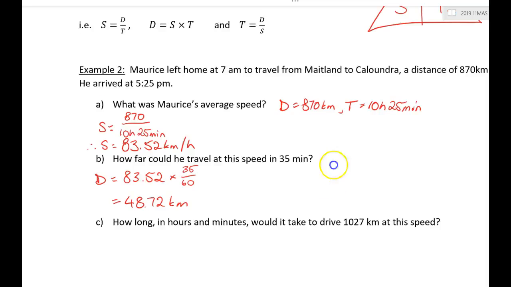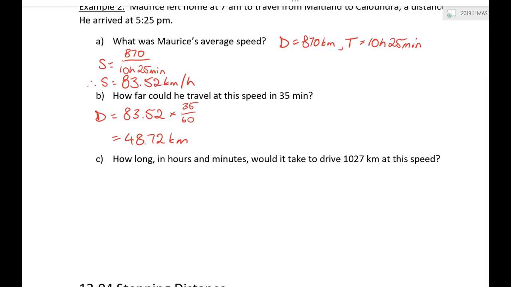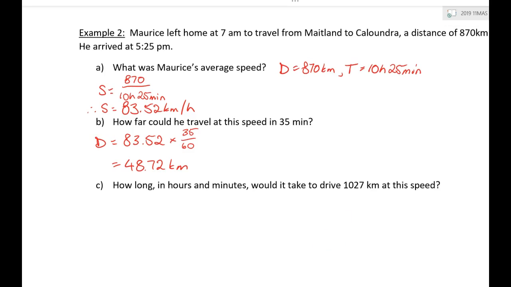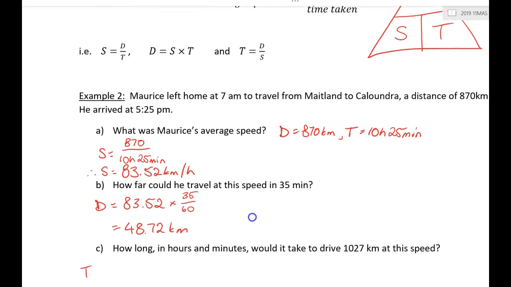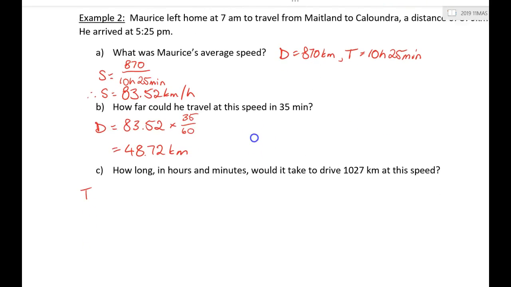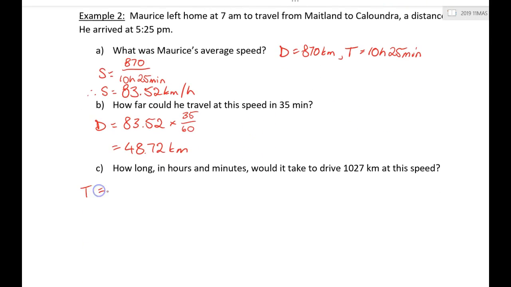Seems pretty sensible. Okay, now one more before we're finished. How long in hours and minutes would it take to drive 1,027 kilometres at this speed? Now my time is equal to my distance divided by speed. My time then is my distance, 1,027, divided by 83.52.